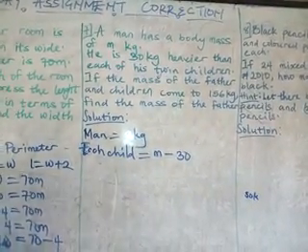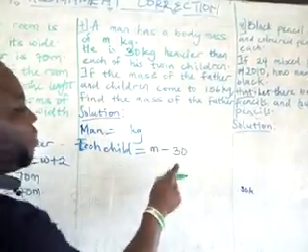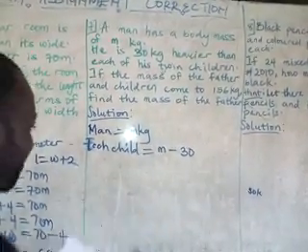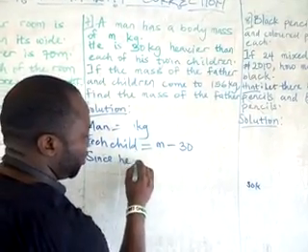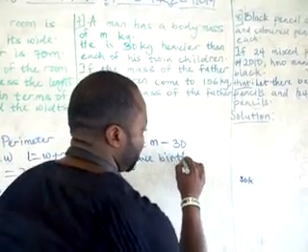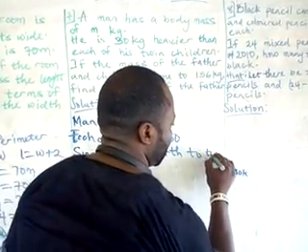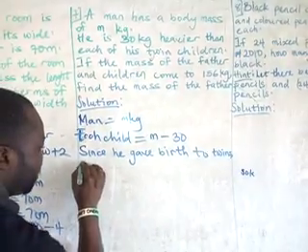We can say that the mass of each child is the weight of the man minus 30. And since he gave birth to twins, let's write it out.